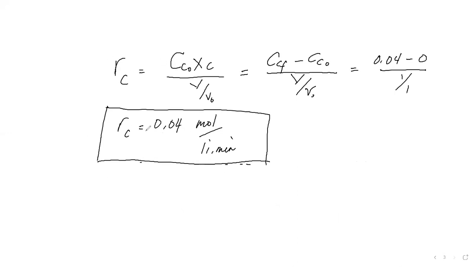Now, since you have already, based on this particular performance equation of the CSTR, you already know which is the reactant and which are the products, we can now write this as A forming B plus C, right? The B should be written on the product side because it's a product.